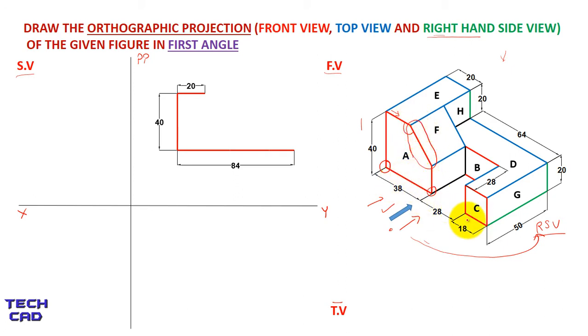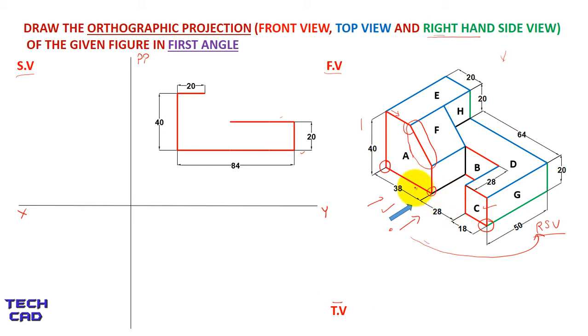I come to this vertex, and from here I make a vertical line of 20 mm like this. And then towards the left side, again 18 mm, so this is an 18 mm line, and again I make a line which is 28 mm.